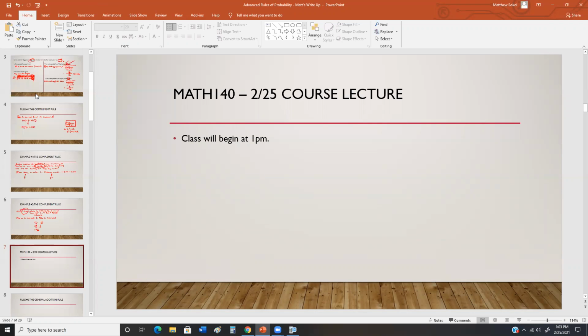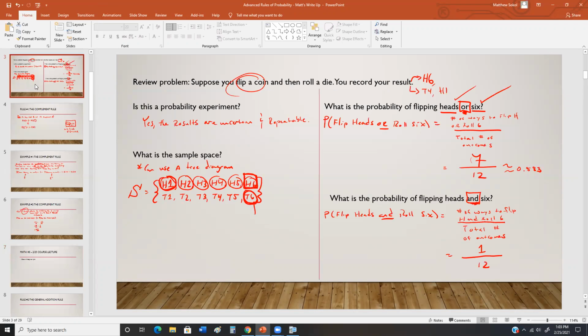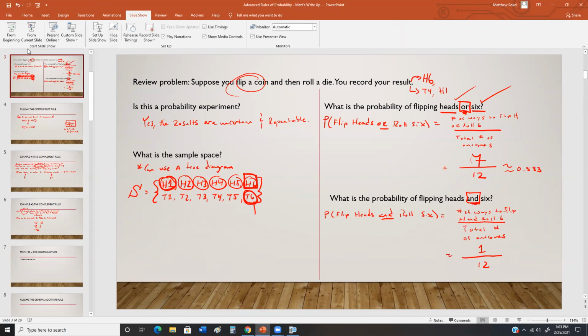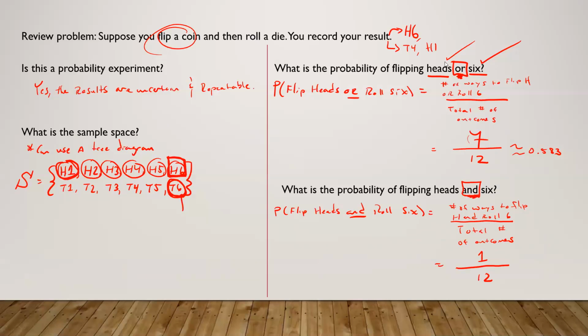All right, one problem I do want to go back to. Do you guys remember on Tuesday, I did this example where I said, suppose you flip a coin and then roll a die and you record your results? Do you remember this example?